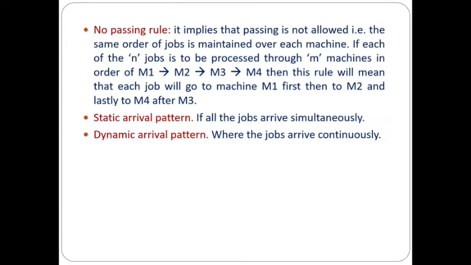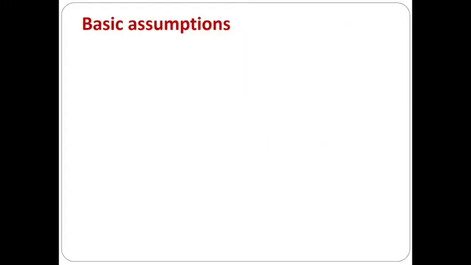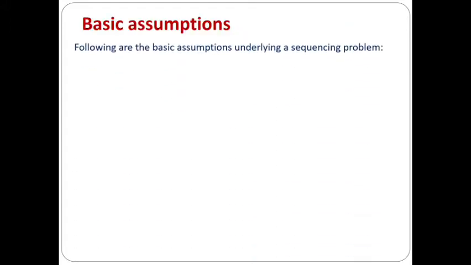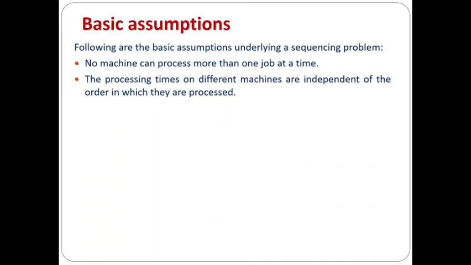Next come the basic assumptions related to the sequencing problem. No machine can process more than one job at a time. That is the first assumption. The second one is that the processing times on different machines are independent of the order in which they are processed.